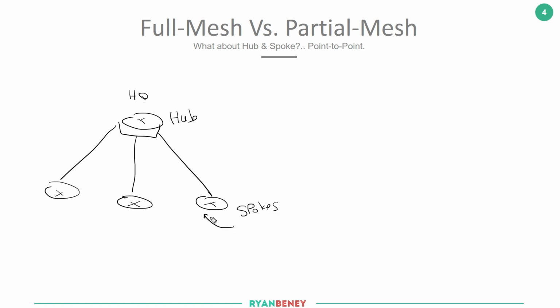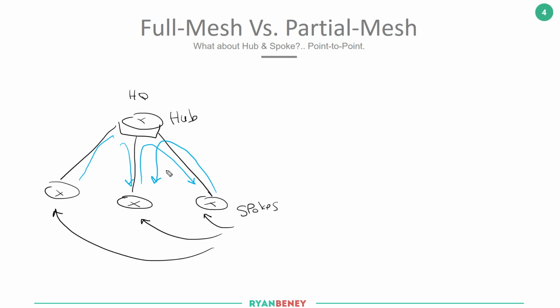Now, the downside with this design is that every spoke, if it wishes to communicate with another device, obviously has to go through the hub itself. So the traffic pattern is very much like this. If the hub were to die, then no spokes would be able to communicate with each other. So it's a very critical design.